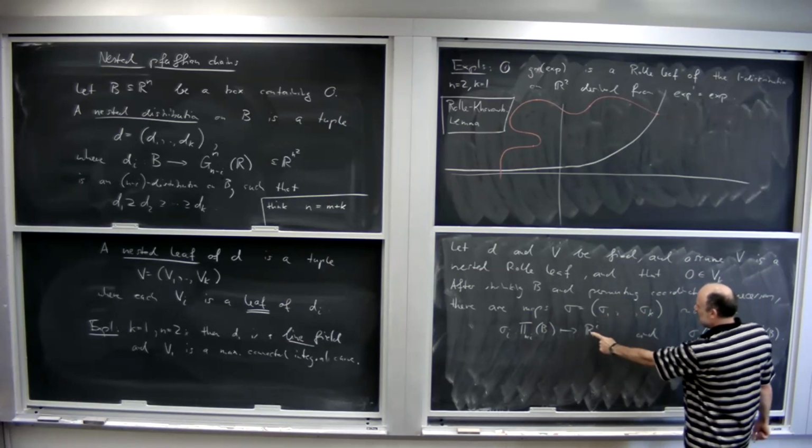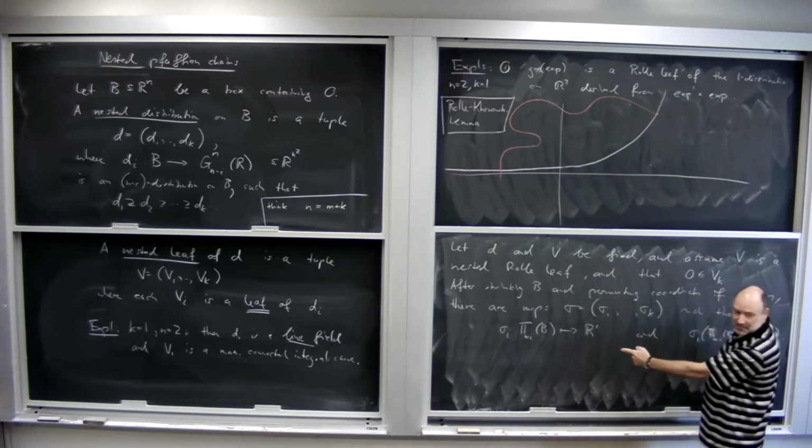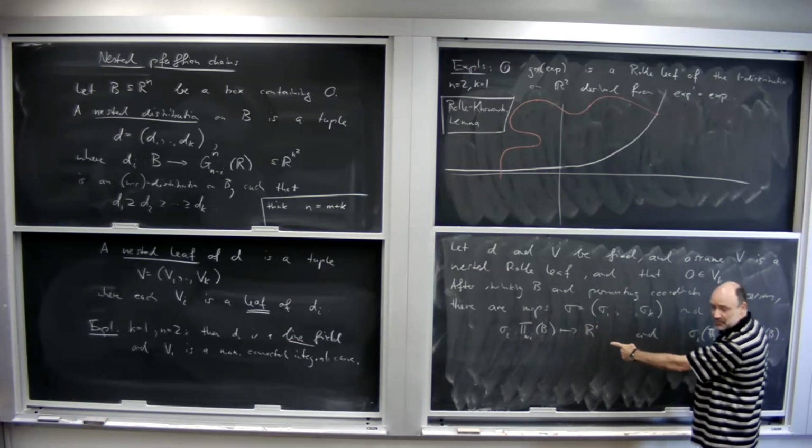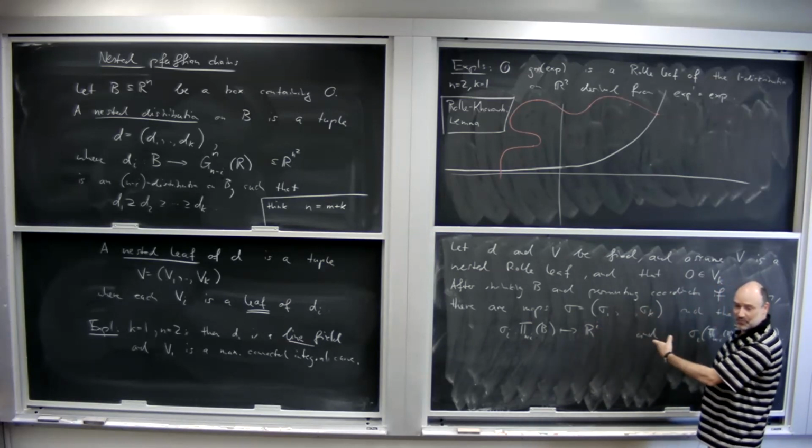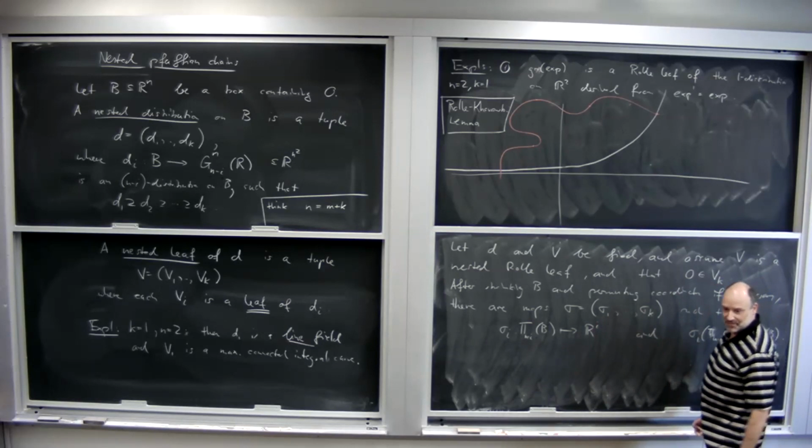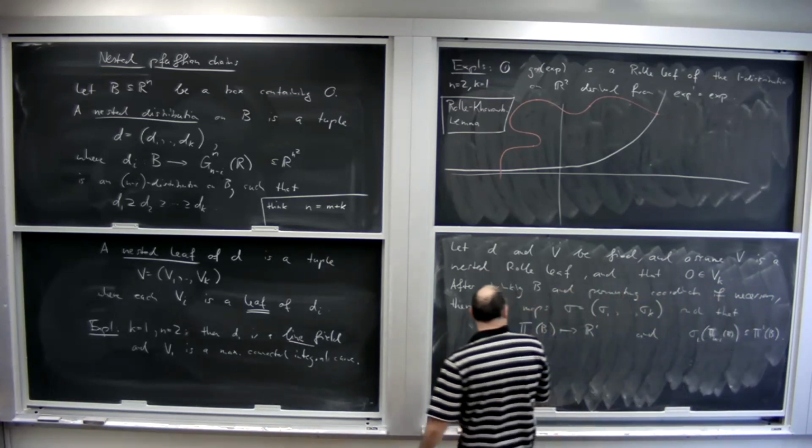And the nestedness means that the only important, right? So each of these guys here is a tuple of functions, but the only important one is the first one, because the other ones can be obtained by composition with the other one. Okay, because of the nestedness.